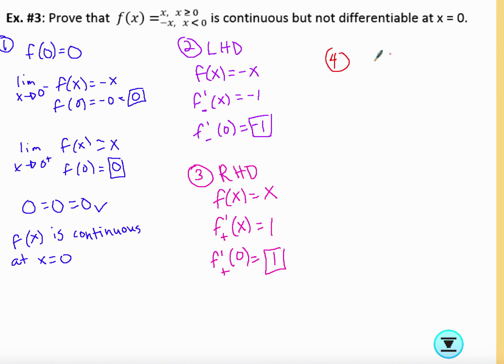Now for our final step, we need to show that the left-hand derivative and the right-hand derivative exist and are also the same. Our left-hand derivative was -1, our right-hand derivative was +1. They do both exist, however, they are not the same.